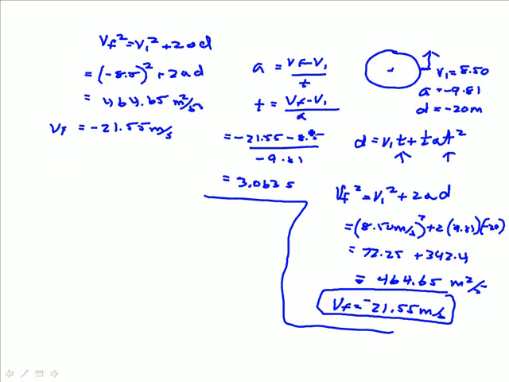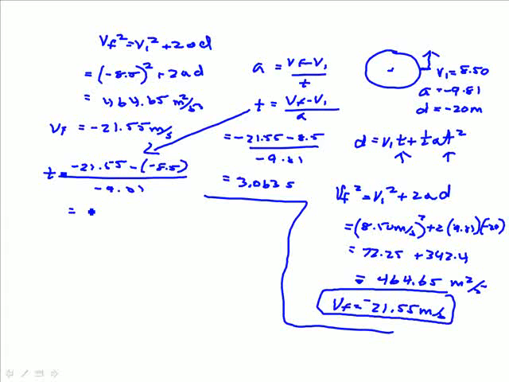Taking this solution here, t is equal to vf, which is of course negative 21.55, but the initial velocity was not positive 8.5, but negative 8.5. And we divide that by negative 9.81. We get a much smaller number. It's going to be 21.55 minus 8.5 minus negative 8.5, which is the same as adding.